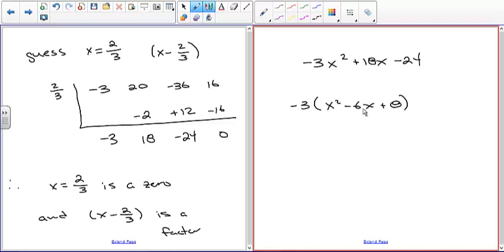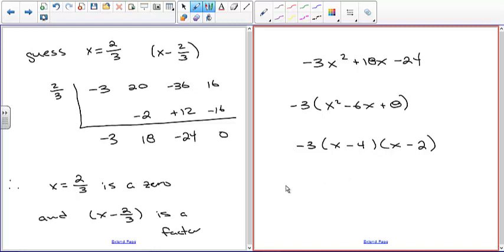And now I can possibly do this by observation, which I can. So I'm going to have x here and x there. Well, two numbers multiplied together to get 8, added together gives 6. Well, the answer is 4 and 2, and they're both negative. Negative 4 times negative 2 is positive 8, and negative 4 plus negative 2 is negative 6.